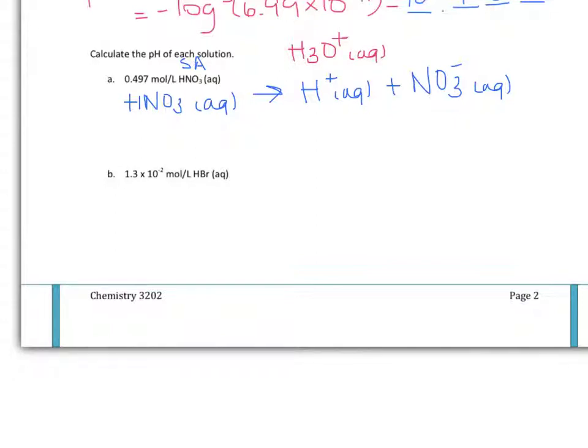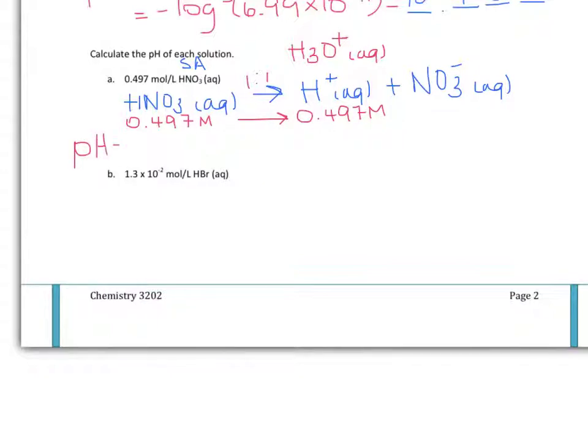So even though the equation is negative log of H3O positive, it could also be written as negative log of H positive. We've been also told that nitric acid has a concentration of 0.497 molar. Also notice that the relationship between the nitric acid and the hydronium or H positive ion is 1:1. So it also has a concentration of 0.497 molar.